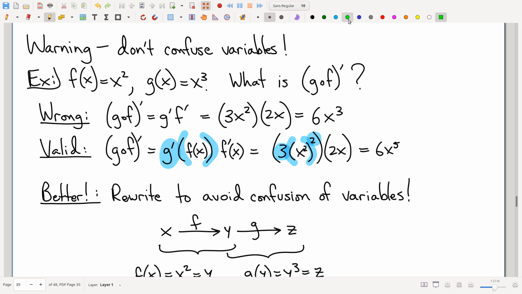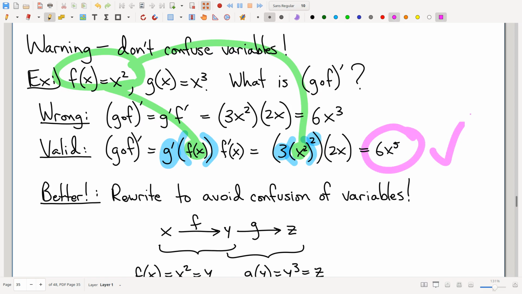And since I'm plugging in f of x, and f of x is x squared, then it's really x squared, to which I have to compute 3 times that thing squared. Right, now, that's fine, and you can do it that way, and you get the correct answer, but golly, that was awkward, and talking about the thing that, that's sloppy, right? Undesirable. Surely we could agree on that.